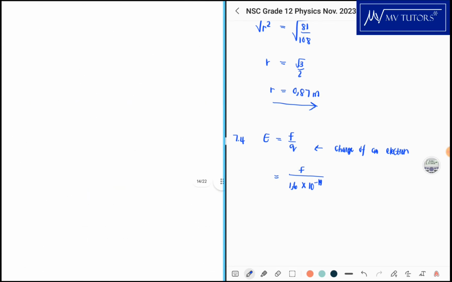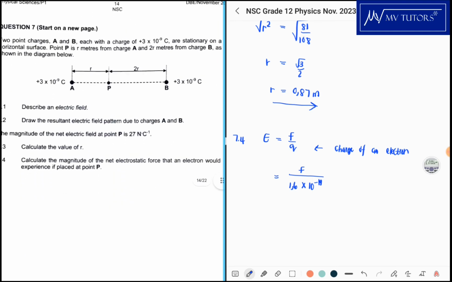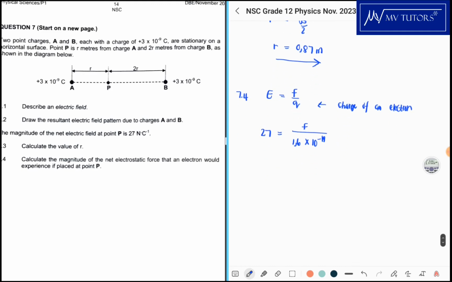So let's just get back to the question. Question 7. We know that the electric field at point P is 27 newtons per coulomb. So now our force is simply going to be 27 times 1,6 times 10 to the power negative 19.